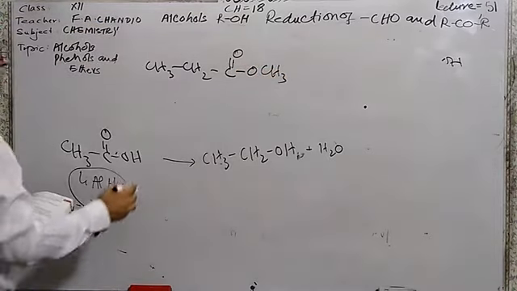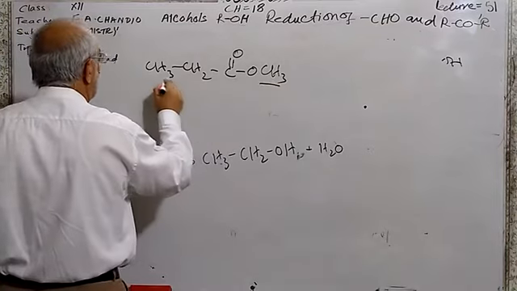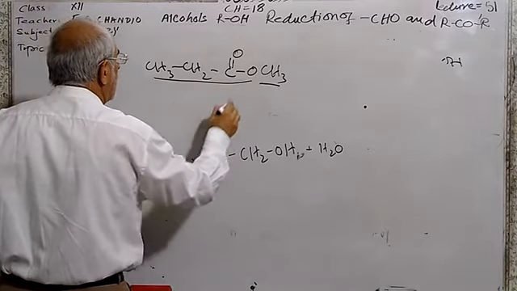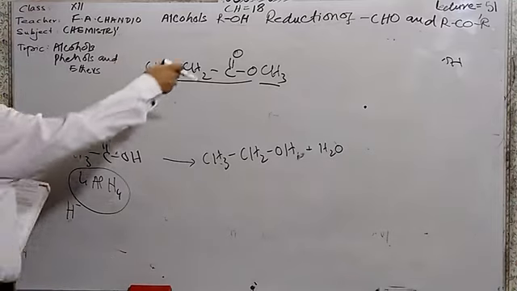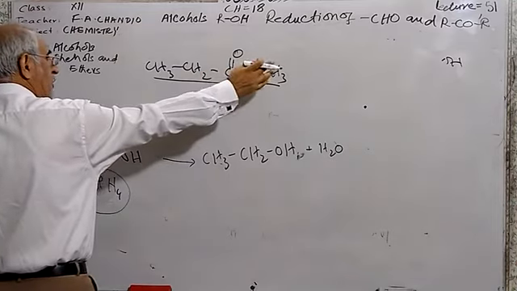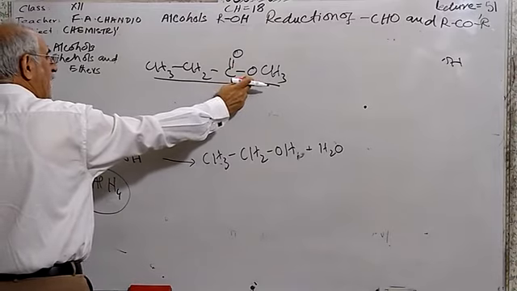This is the methyl group, and this one is a propanoate. If there is a hydrogen here instead of methyl, we call it propanoic acid.